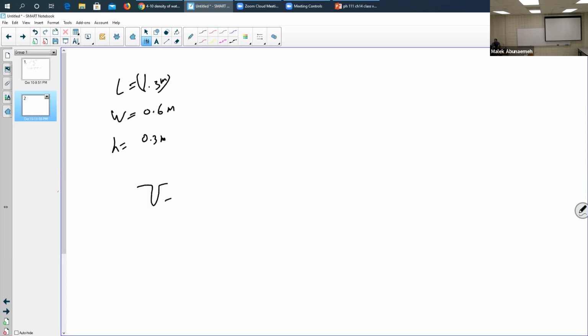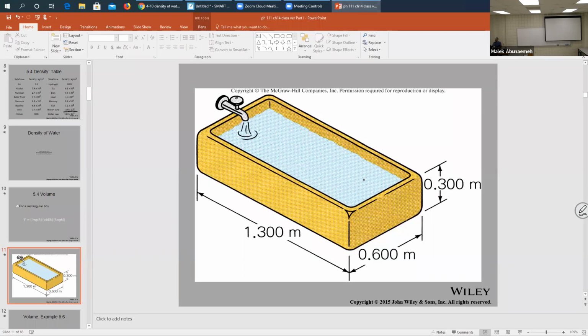That means your volume, which is your length times your width times your height, is going to equal 1.3 multiplied by 0.6 multiplied by 0.3. So you get 0.234 meter cube. So in our little example, this bathtub over here has a volume of 0.234 meter cube.